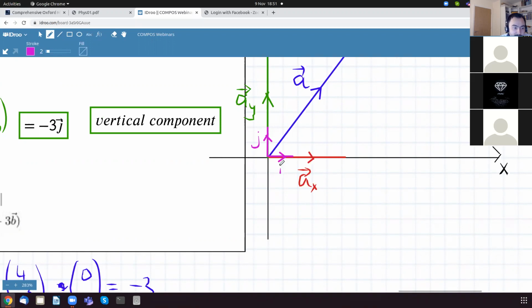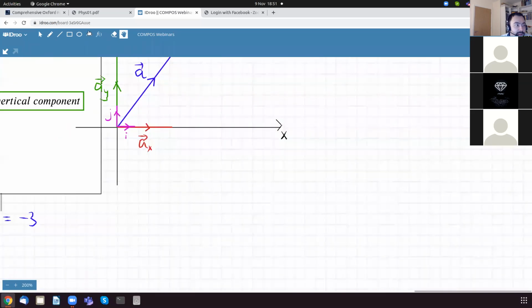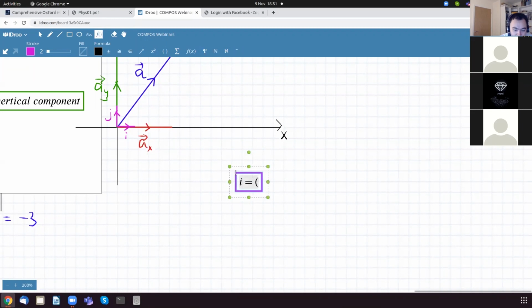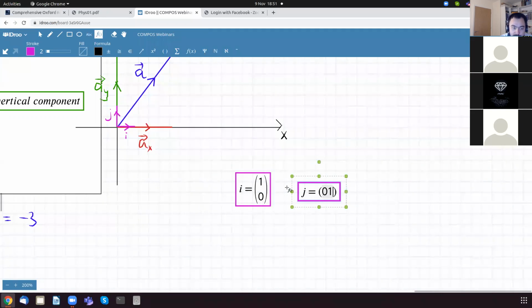Vector i is a unit vector in the x direction. So we have i equal to (1, 0), and j is (0, 1).